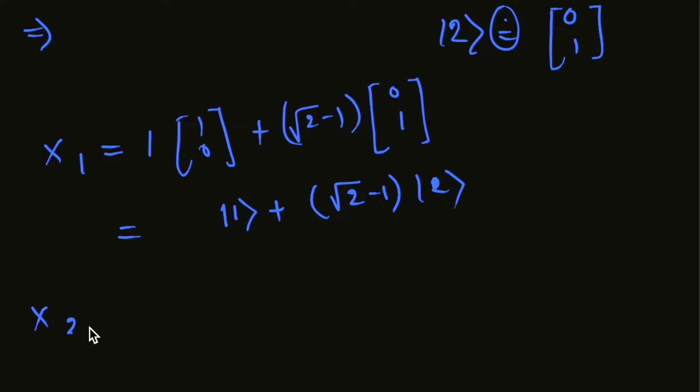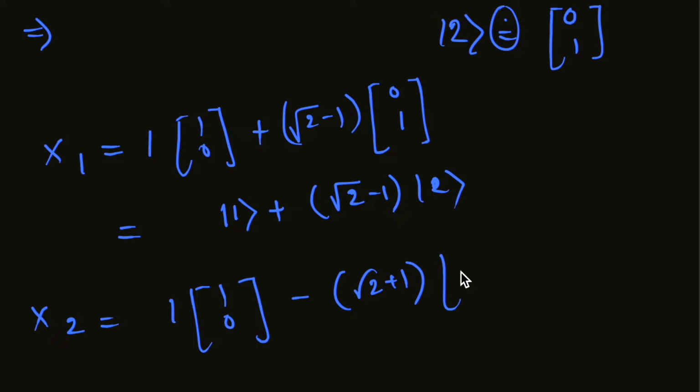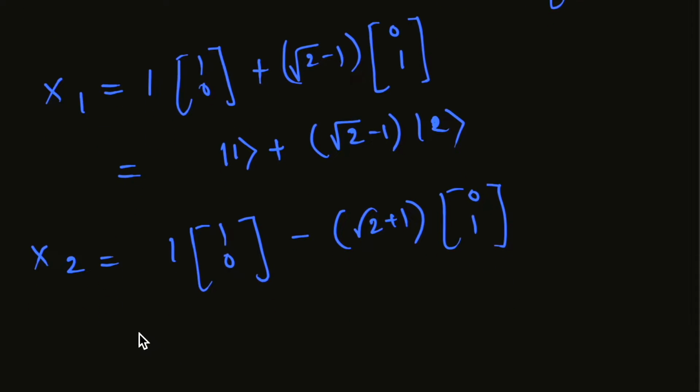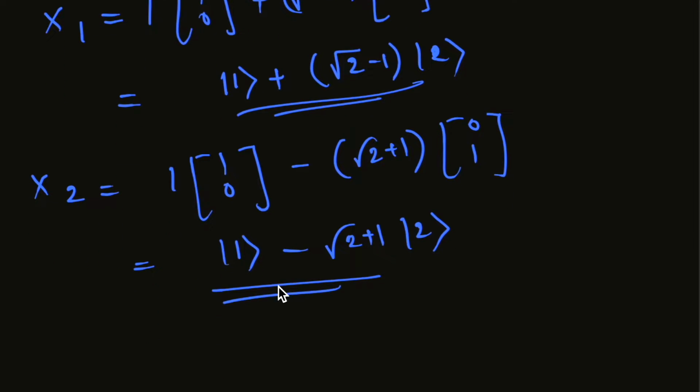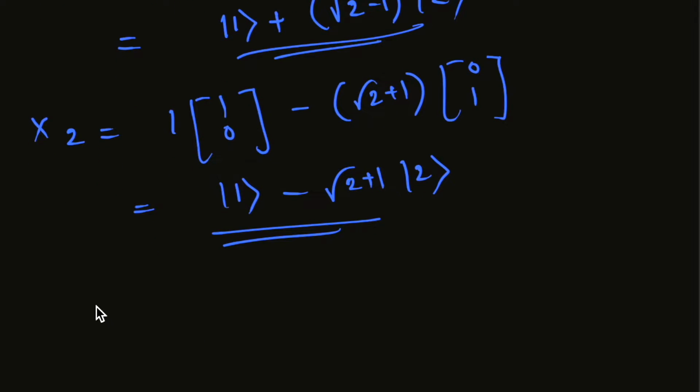Similarly, x2 is |1> minus (root 2 plus 1)|2>. So these are the eigenvectors corresponding to the eigenvalues root 2 A and minus root 2 A of the Hamiltonian operator H.